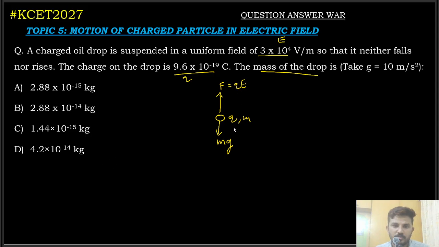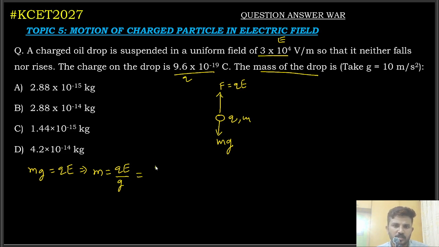We know that mg is equal to qE. So the mass can be written as qE divided by g.